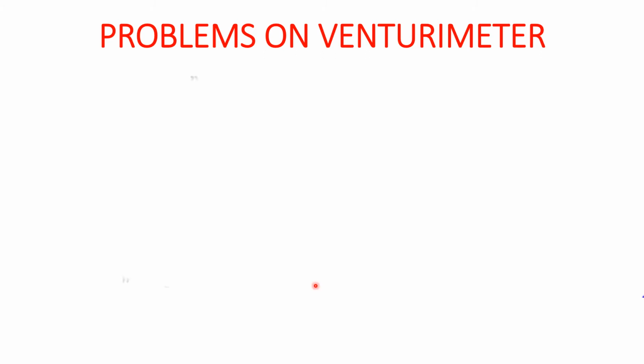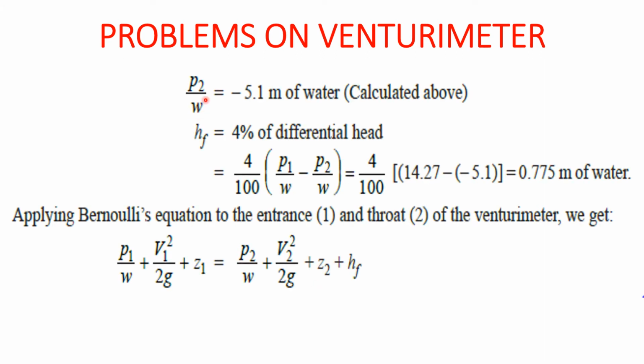Okay. Going to the next part of this problem. P2 by W is minus 5.1 meters of water. Now we have to calculate the value of HF, that is how much of the differential head has been lost. The differential head is P1 by W minus P2 by W. Out of this total head, 4% is lost.